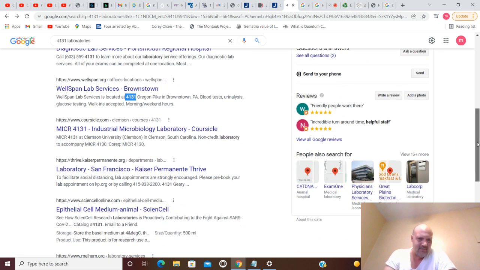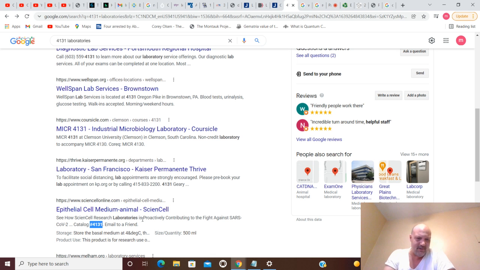We were just looking at that. Laboratory, San Francisco 4131. Might be the one we just looked at up there. Epithelial cell medium animal science cell, catalog number 4131.